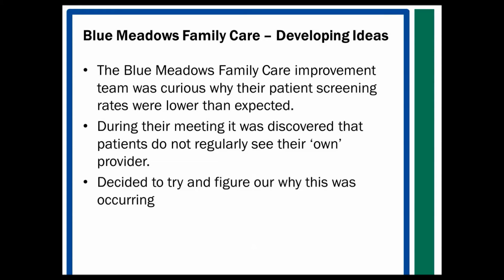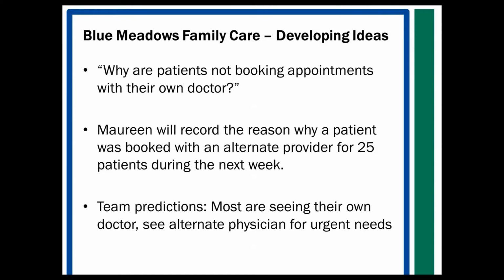This improvement team was very curious as to why their patient screening rates were lower than they had expected after receiving their chart review. During one of their improvement meetings, it was discovered that their patients do not regularly see their own primary care provider. So the team decided to figure out why this was occurring. They formulated a question: why are patients not booking appointments with their own physician?